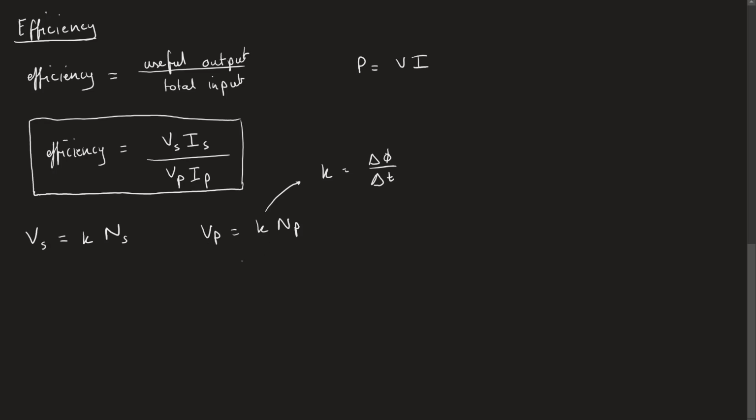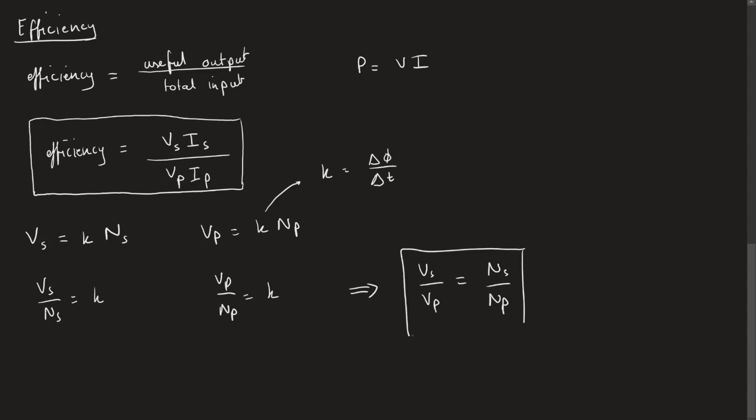So if I rearrange these, I can say that Vs over Ns is the same as K, and Vp over Np is also the same as K. And that then leads me to this idea that Vs over Vp is equal to Ns over Np, and hence the ratios of these two are the same.